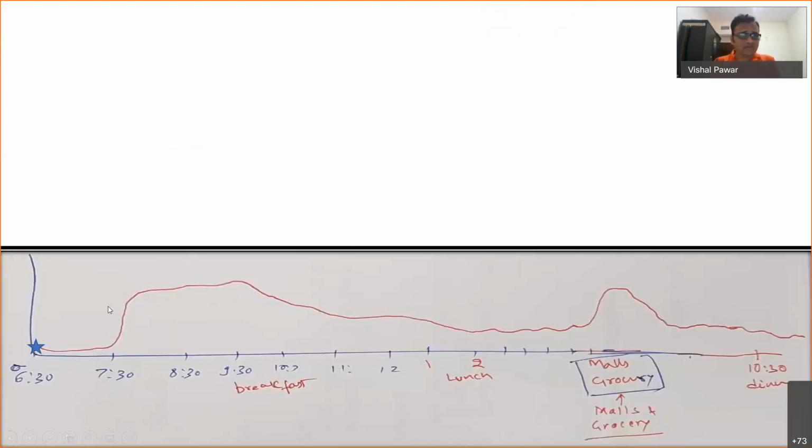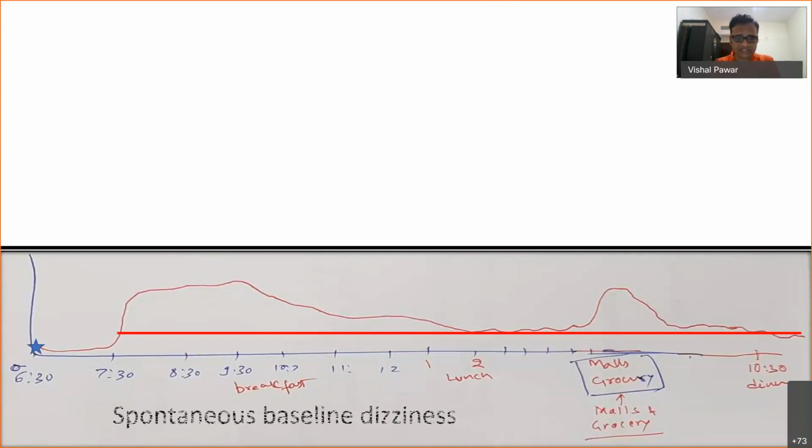So this is the graph. Actually, this was plotted by another patient of mine with a similar illness, who had baseline dizziness all the time, which was better in the morning. In the morning, when he wakes up around 6:30 to 7:30, he feels very good.